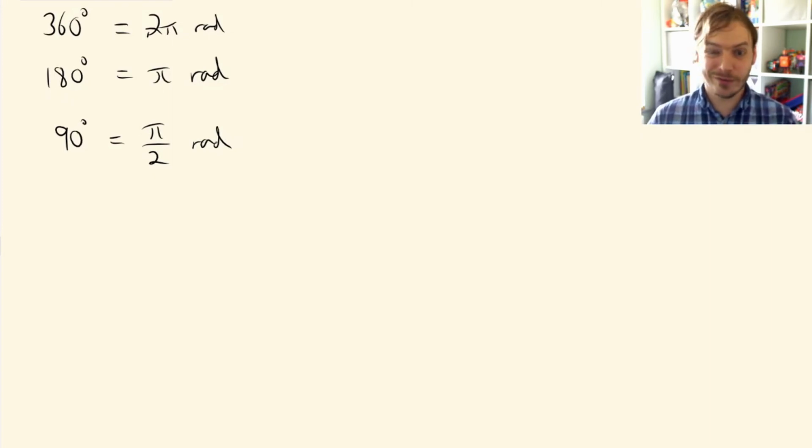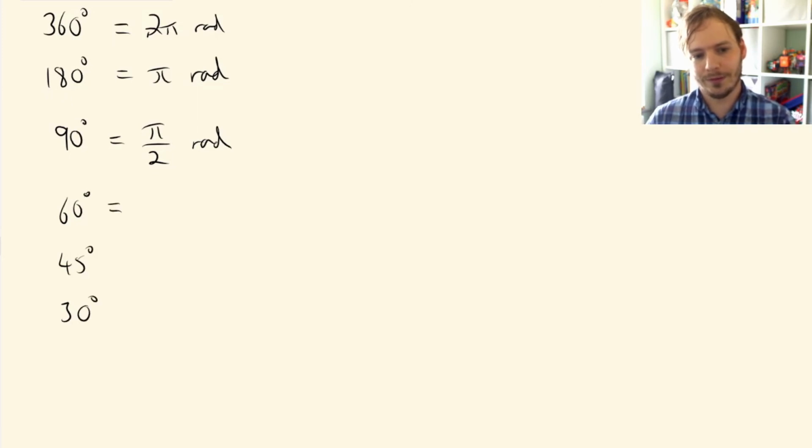But there are a handful of other angles which is really important that you pay some attention to. Notably, they're the ones that give nice exact values to the trig functions. Ones we talked about plenty in year 12, ones most of you will have met in year 11 or year 10 at GCSE. So the other angles that matter are 60 and 45 and 30. These in degrees, we just need to have in our heads that they're easy to put into radians as well.